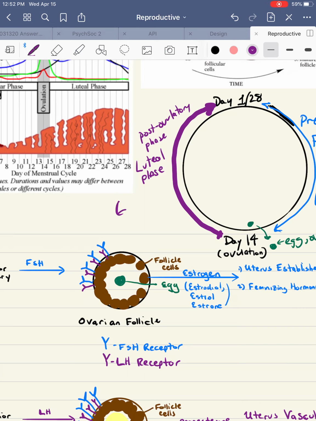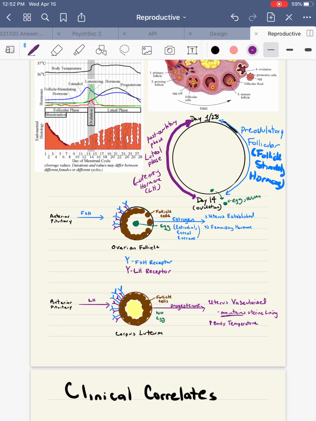Because there's a hormone called luteinizing hormone, also known as LH, that acts primarily on this phase. Remember, FSH and LH are produced by the anterior pituitary. They're tropic hormones. They're going to get released and bind onto this ovarian follicle cell, right? And then the cycle, since it's a cycle, is going to restart again.